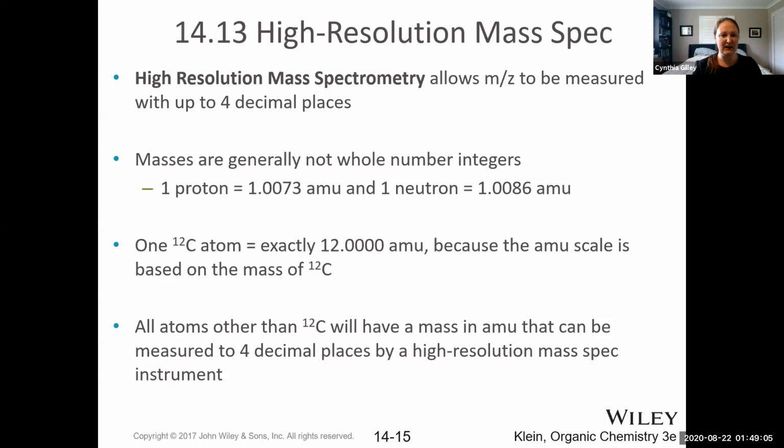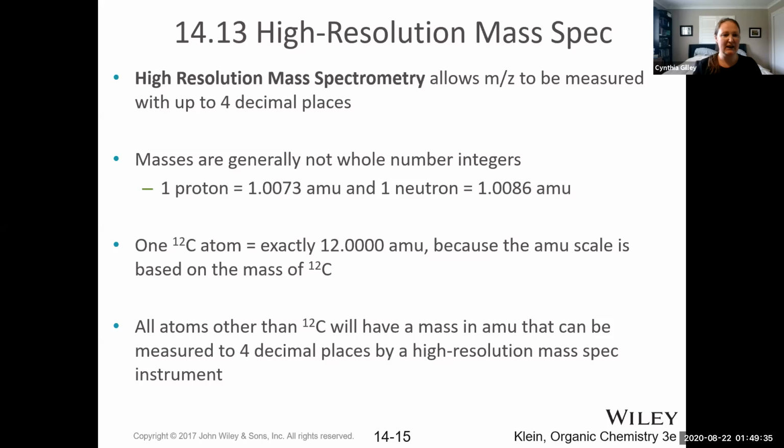Because a lot of times we can say, okay, for sure the molecular ion is 219, but 219 might correspond to several different potential molecular formulas. So doing high resolution mass spectrometry allows us to determine with more certainty the molecule that we're dealing with, because we can narrow it down between more than one potential molecular formula that matches a certain mass.